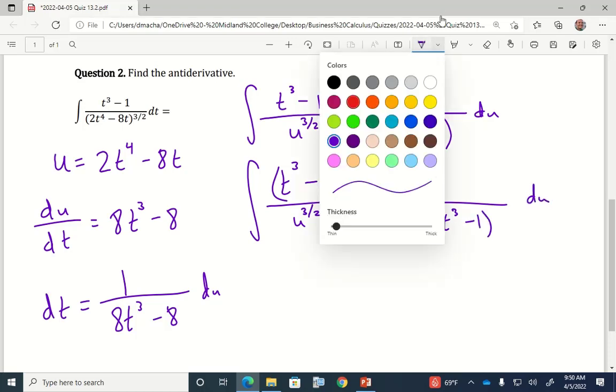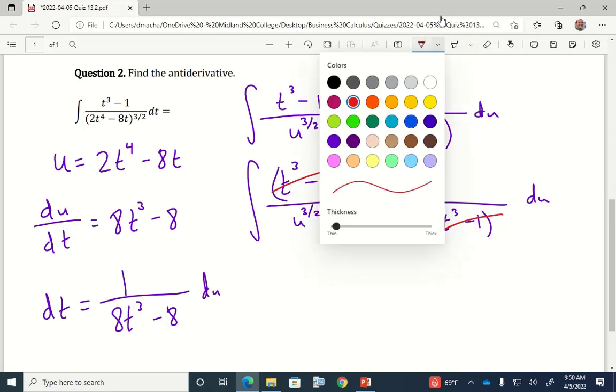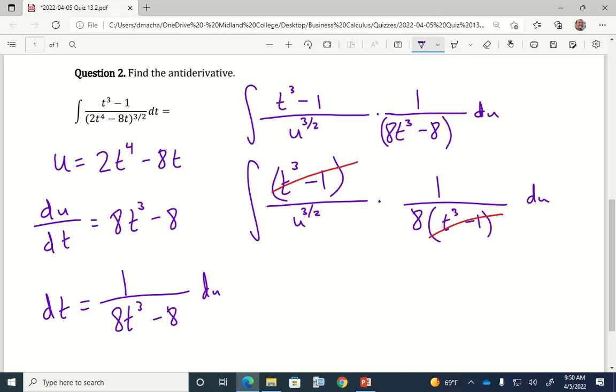So now I say this t cubed minus 1 factor in the numerator and this t cubed minus 1 factor in the denominator can cancel. I can bring out the 1 over 8. And I'm left with the antiderivative of 1 divided by u to the 3/2 power.